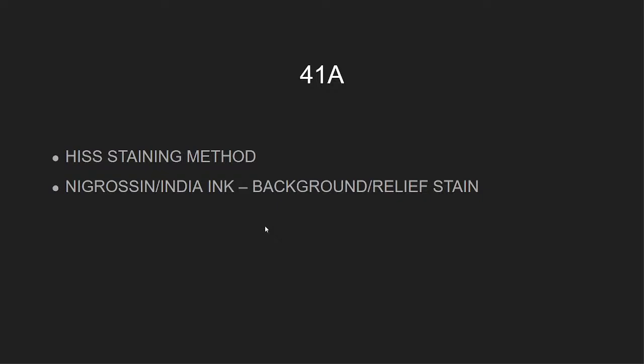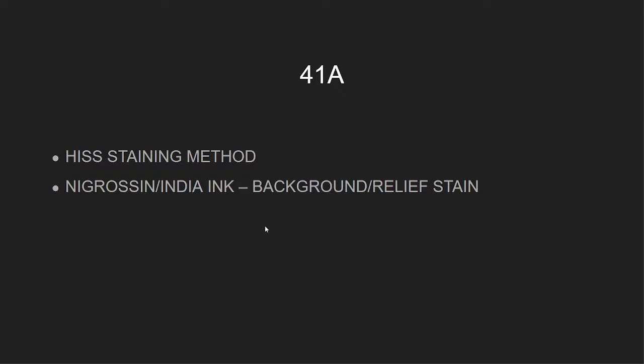What happens is that when the whole background is black, you see a distinct appearance of the yeast, or in this case, not yeast, but the capsular organism, because most of the time we use it on CSF. So that's why I said yeast earlier.